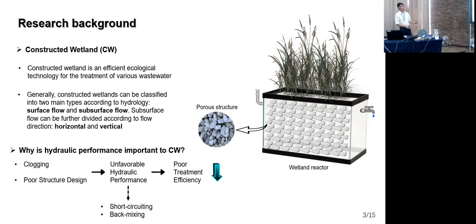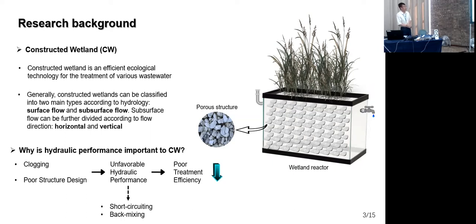It consists of plants and substrate. The substrate can be gravel, sand, zeolite, and so on. Overall, it's a porous structure. The water flows into the system, and when it flows out, it has been purified because of the biofilm carried on the substrates.